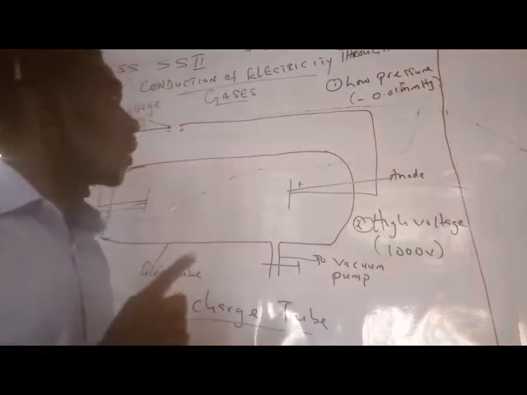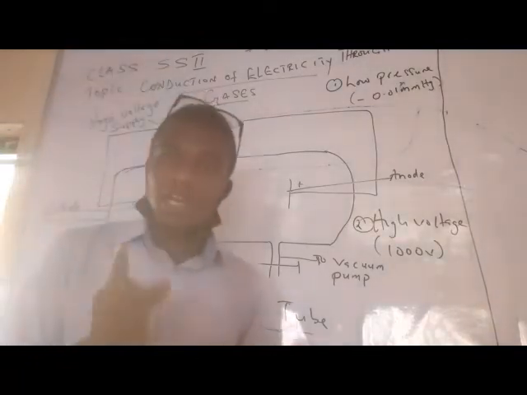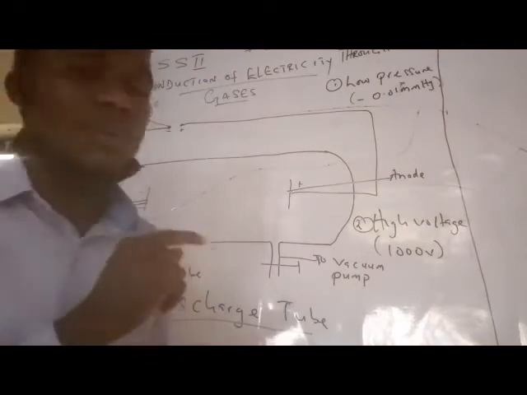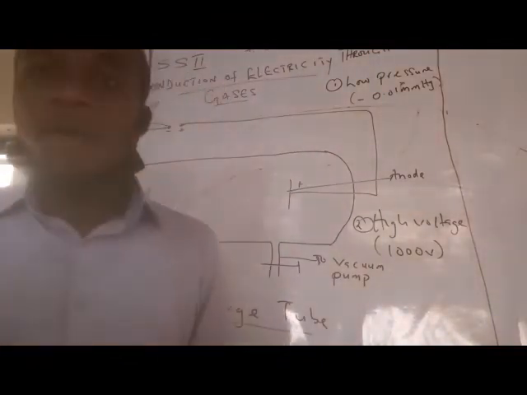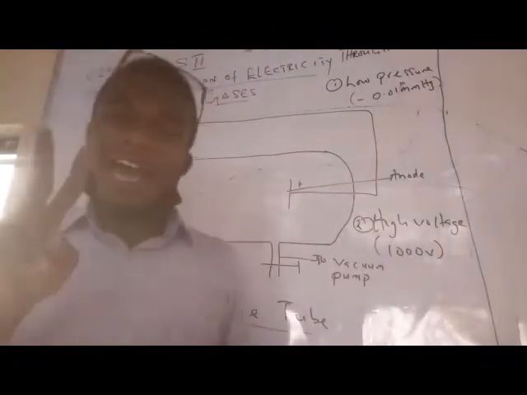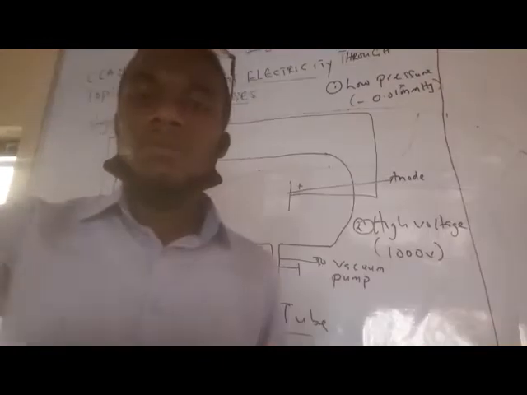I'll say it again. Number 1 is what? Low pressure, and secondly is what? High voltage. And for low pressure, we're talking about 0.01 millimeter mercury, and for the voltage, we're talking about 1000 volts.